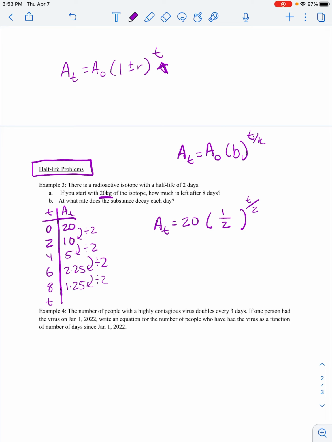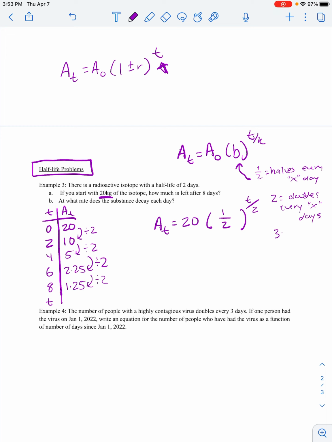So this formula can also be useful if you're thinking about, like, if instead you had a radioactive isotope that doubled every 2 days, you would still use this formula. Or if it tripled, you're still going to use this formula. B is going to be 1/2 if it halves every X days. B would be 2 if it doubles every X days.